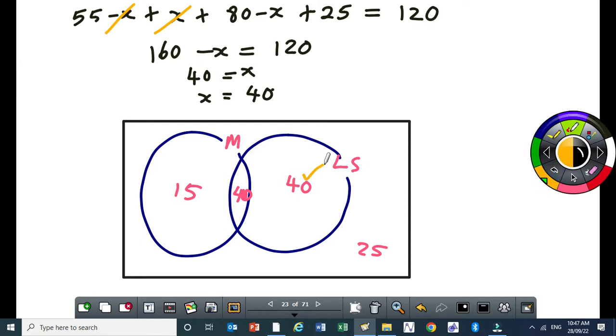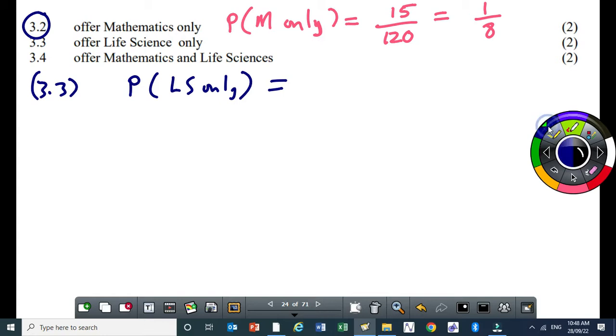They are doing life sciences only. These 15, they are doing maths only. These 40, they are doing both maths and life sciences. These 15 here, they don't like maths, they don't like life sciences. I don't know what they like. Okay? Fortunately, when I was your age, I did both subjects. Okay, so this will be 40 over 120, and that will be 1/3.